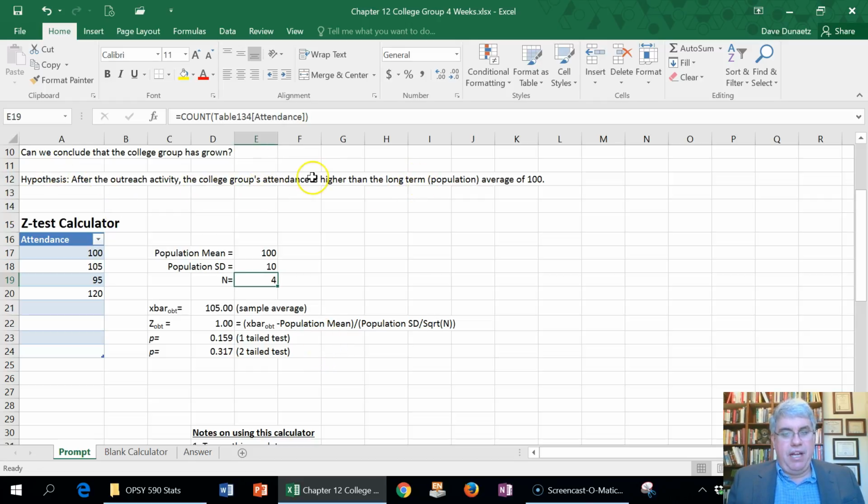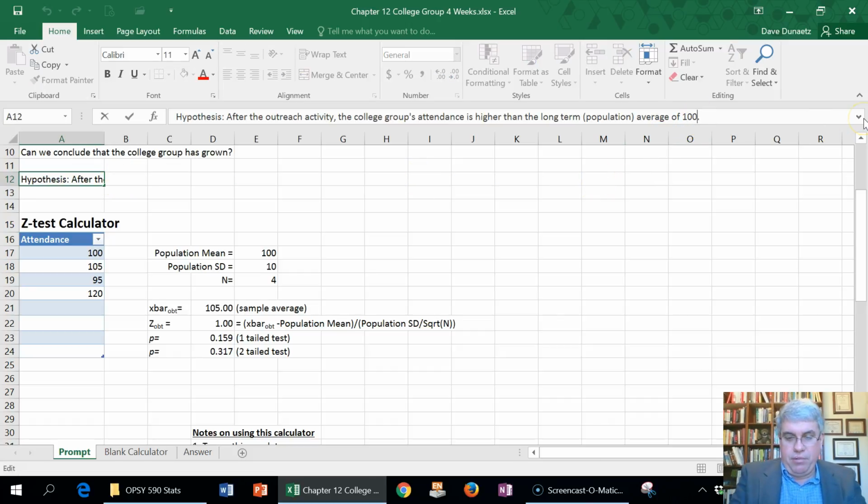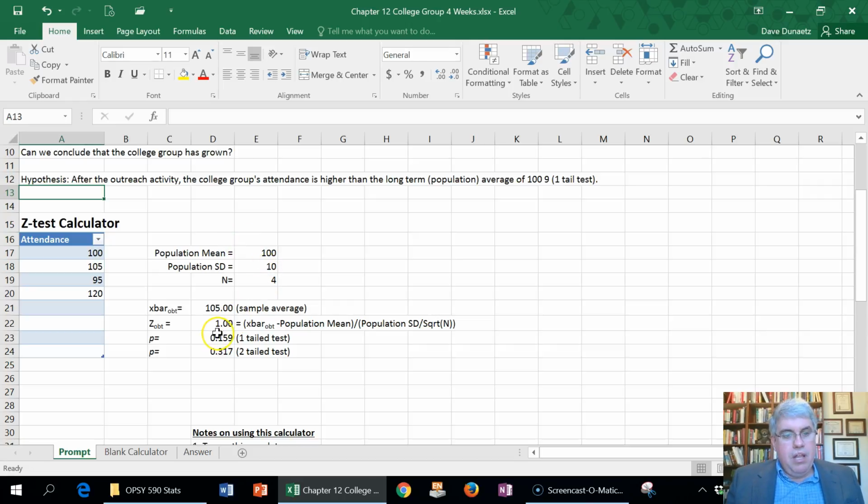I should have actually put that up in the hypothesis, that this is a one-tailed test, because we're only checking to see that it's grown, one tail. We should always specify in our hypothesis, before we look at the data, whether it's a one-tailed or two-tailed test. And the way that we formed our hypothesis was that it was one tail. So our p-value is 0.159.